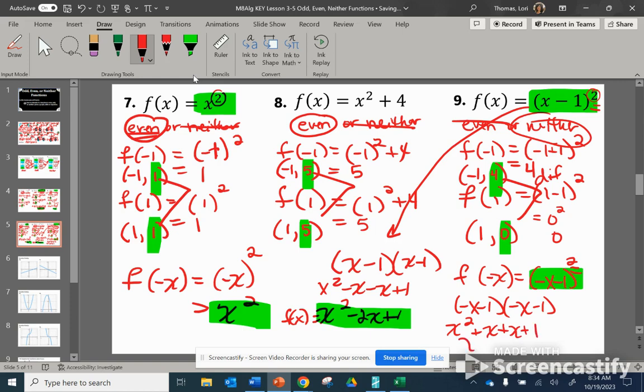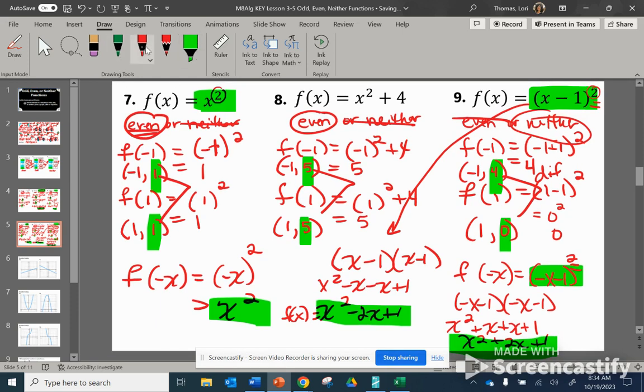And then combine. I'm running out of room here. This is the output expression of when we plug in negative x. We can see these are not exactly the same. We have a negative 2x here and a positive 2x here.